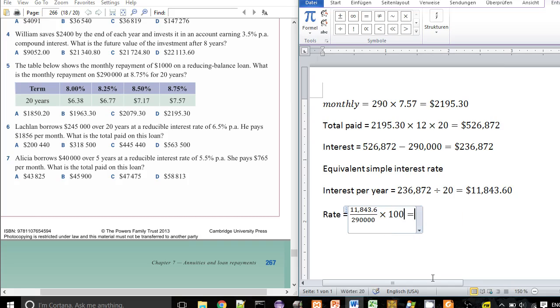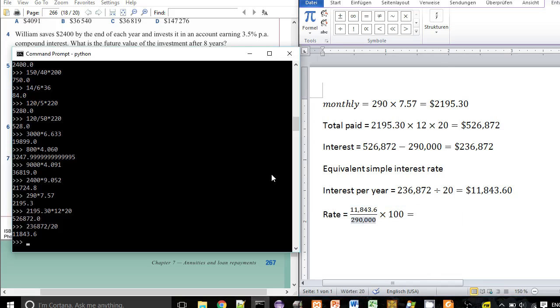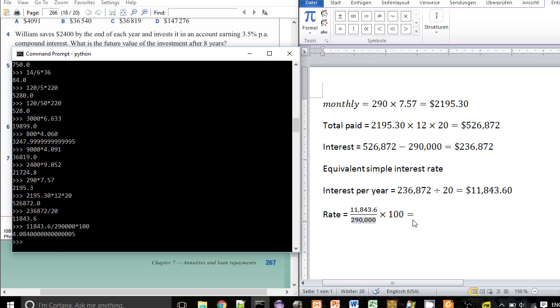Okay, whatever that equals. That tells us as a percentage, and that's the rate per year. Okay, so 4.08%. We'll say 4.084%. Why not?